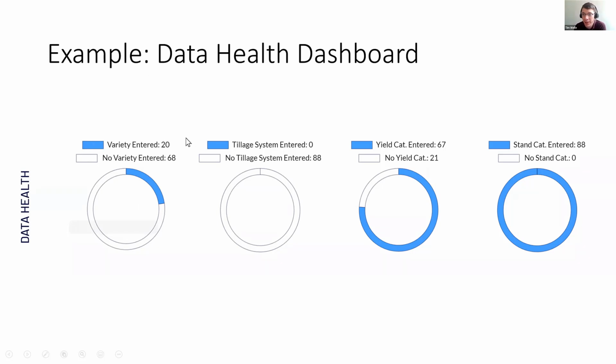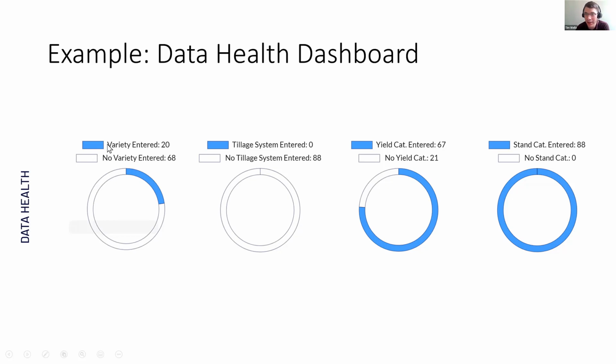Think of the Apple Watch, with the circles that you fill up, where you want to take enough steps to fill all your circles and get your exercise. The same idea can work with your data: you chart out each week, or even daily or in real time, what data is entered for the field and what data might be missing.